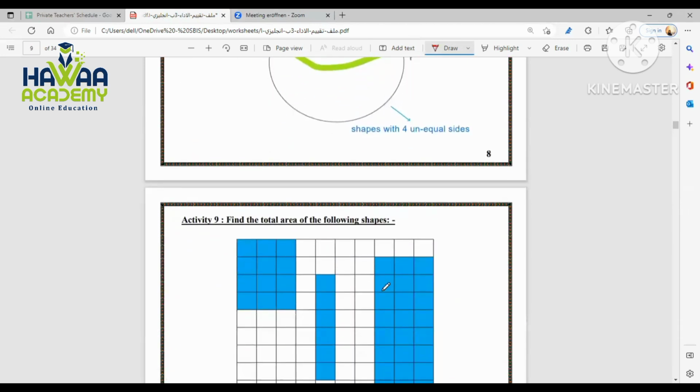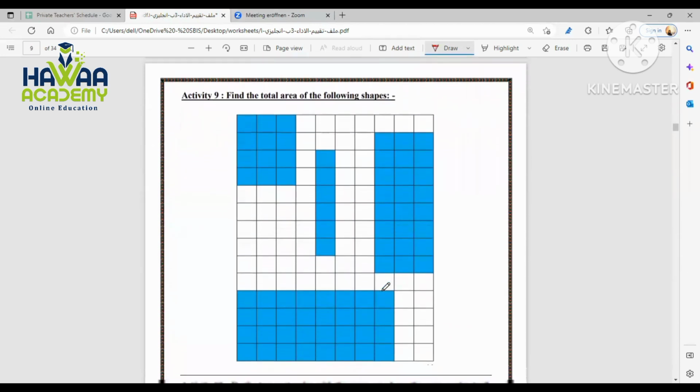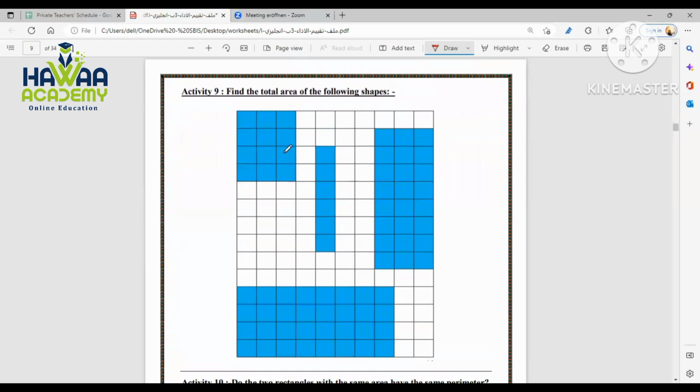Now let's have another question here. We need to find the area of each shape. First, we need to find all the areas actually. So we can name this 1, and here is 2. This is 3, and here the 4. So what we need to do is get the area.